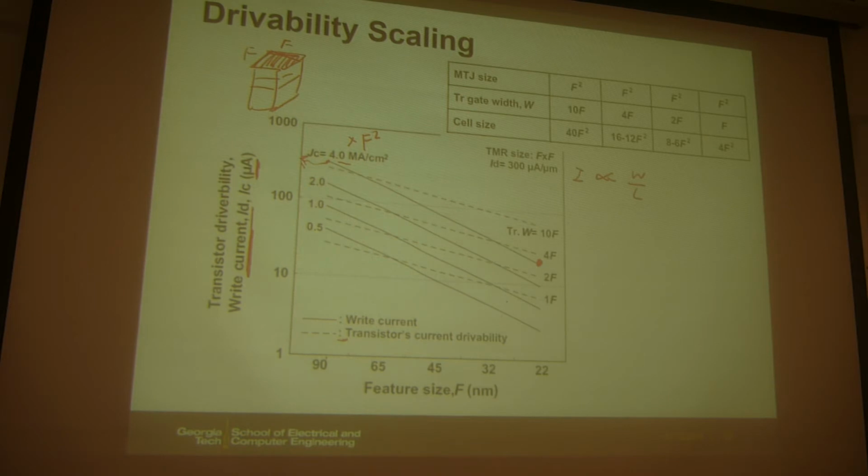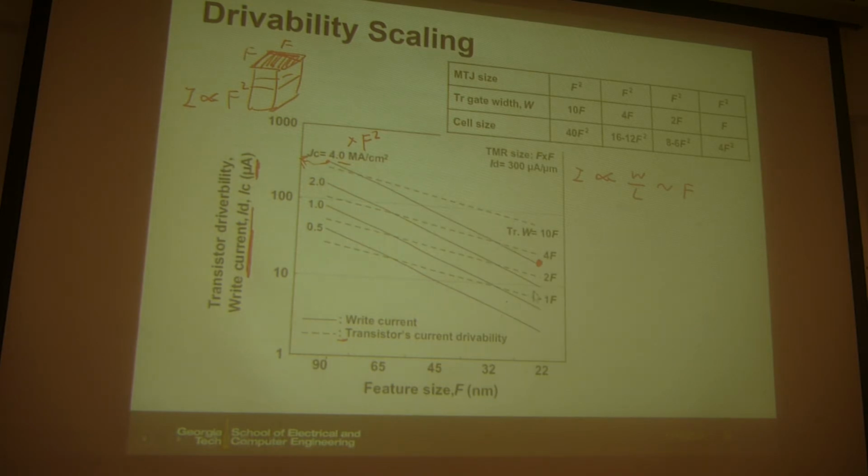But here you can see that this MTJ current is proportional to F square, and this one is just linearly proportional to F. So actually MTJ scales faster than the transistor. So you see the dash line here has, let's say, less slope.